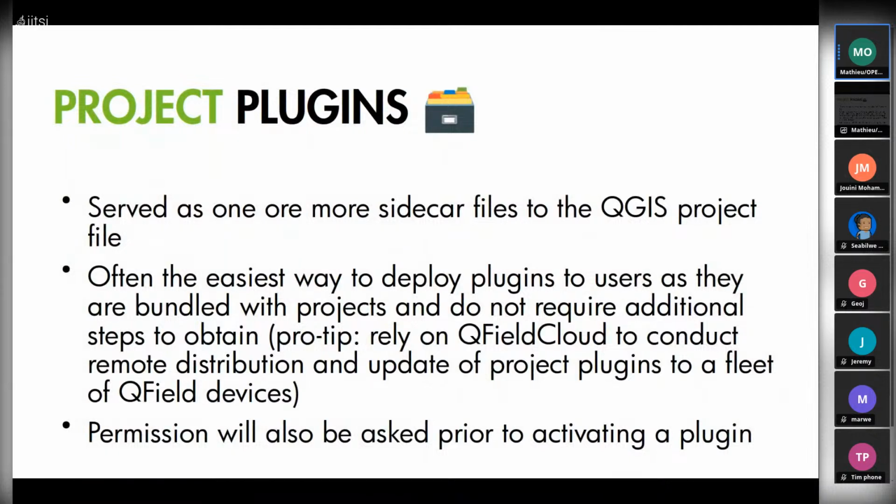It is very often the easiest way to deploy a plugin to users, as they are bundled directly with projects and do not require any additional step to obtain the plugin itself. So if you have a workflow in QField where somebody imports a project either through a USB cable, or a better way would be through QField Cloud, that person will already be able to be served plugins.